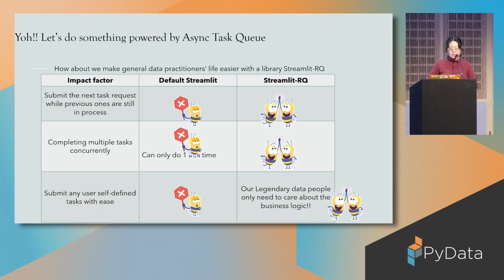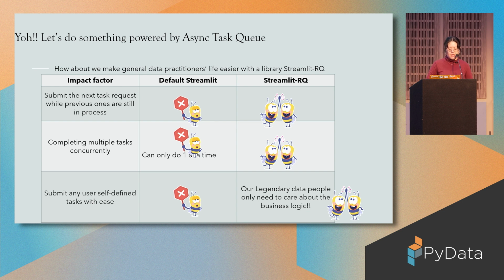Let's see our proposal. Let's do something powered by an async task queue. These are the three main impact factors that will make all general data practitioners' lives easier with this library.